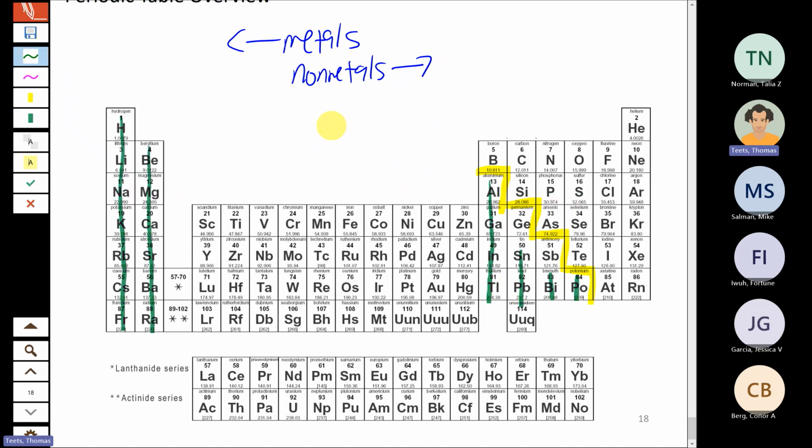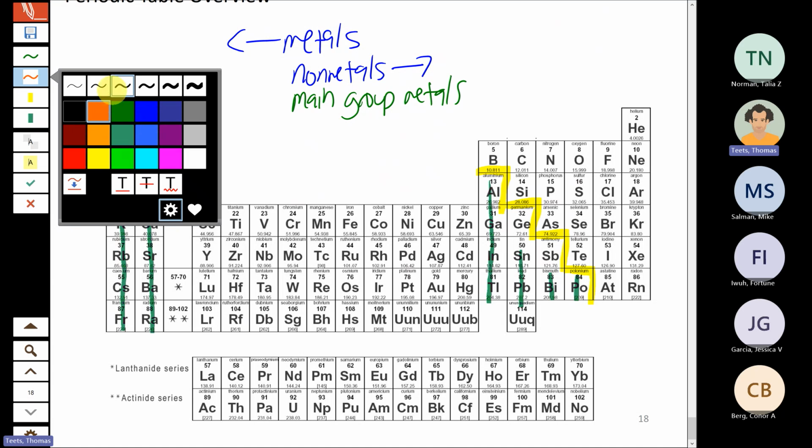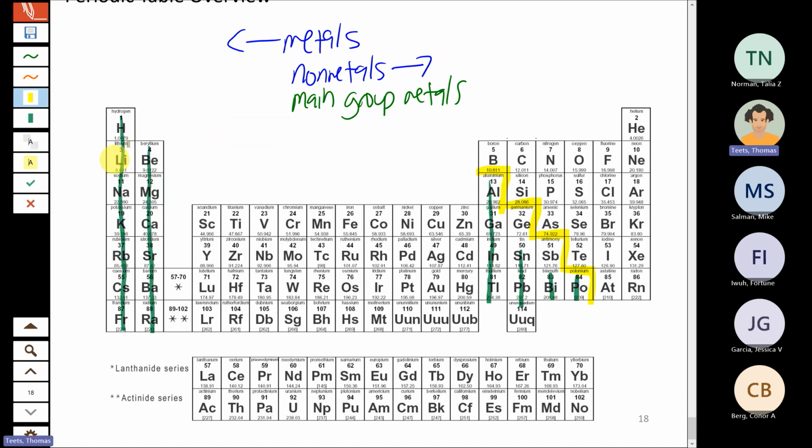So in green, I'm going to be drawing main group metals. Those are all metals, but they occur to the left of the staircase, and they're in either the S or the P block. As we've already mentioned, these ones here in the middle, which are also part of the metals, are called transition metals.